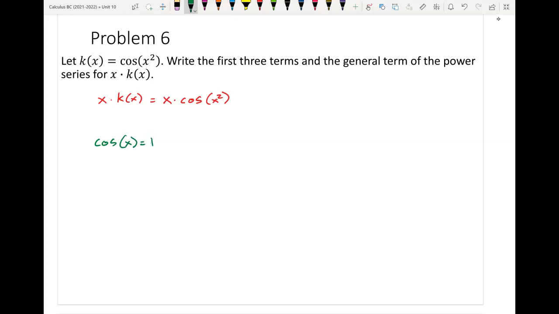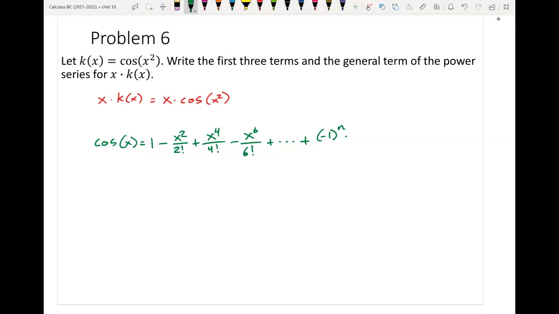Well, that one was 1 minus x squared over 2 factorial plus x to the 4th over 4 factorial minus x to the 6 over 6 factorial plus dot dot dot plus we have an alternator, negative 1 to the n, and you can do n or n plus 1 depending on where you are starting your series.